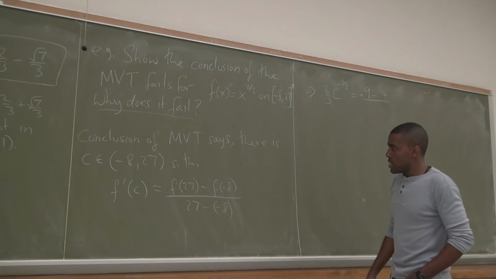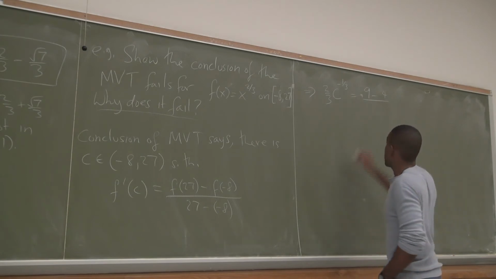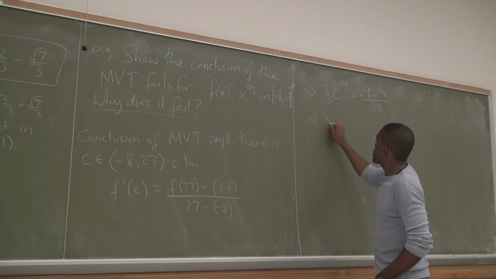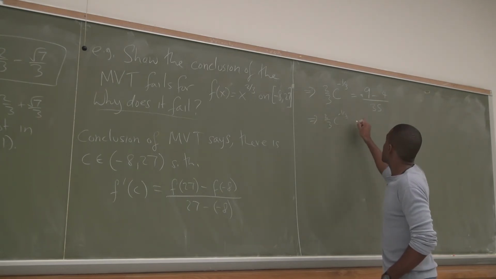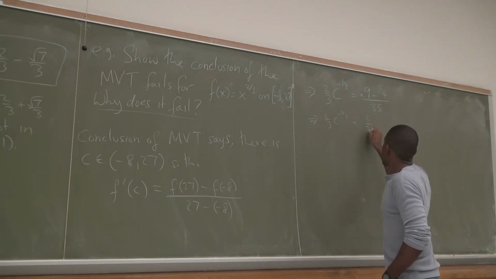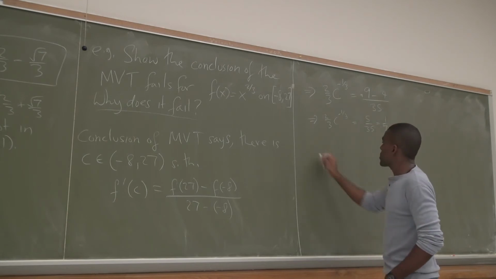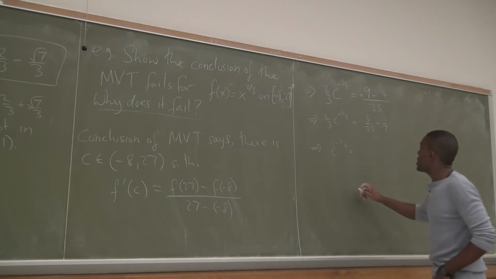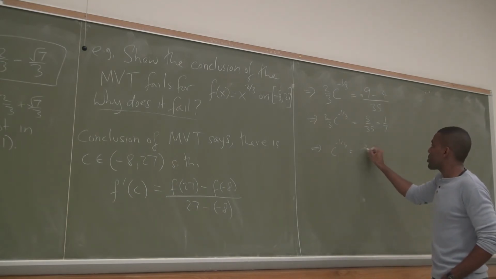And if you take 27 plus 8, you get what, 35? 5 over 35 equals 1/7. This means that c to the minus 1/3 should be equal to 3/14.